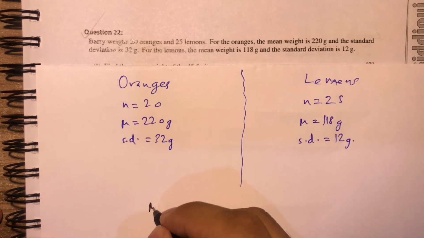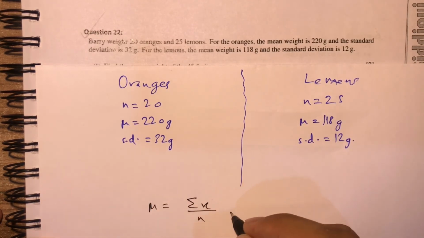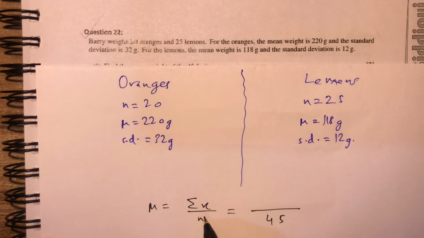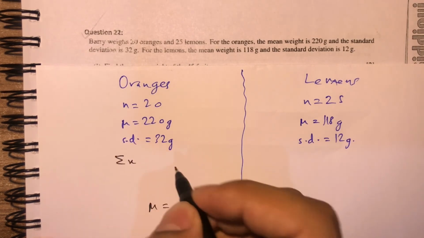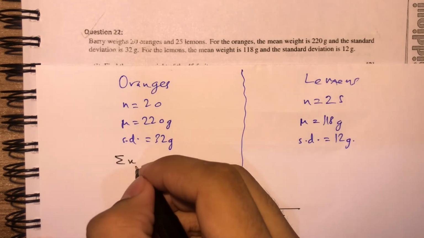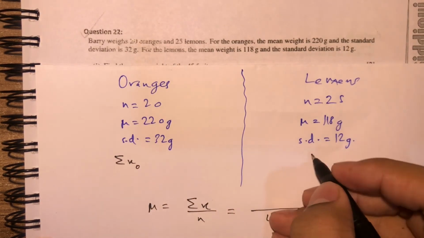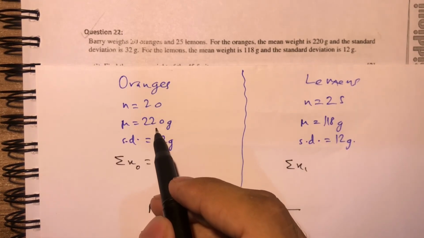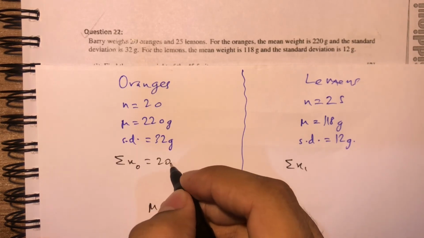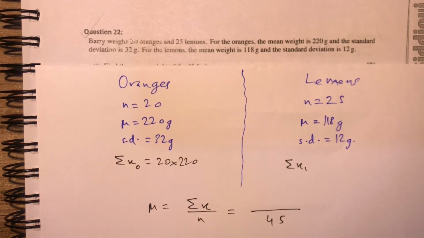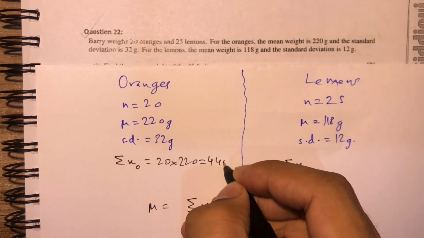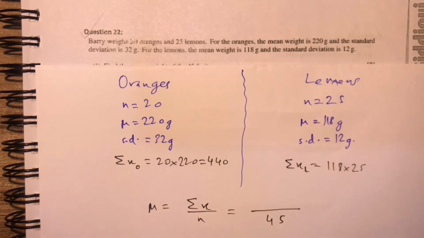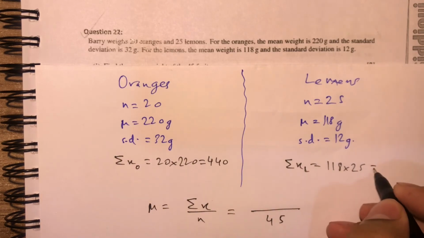So again, the formula for mean is sigma x upon n. n we know is 45 for the total. For sigma x, if we represent the oranges as xo, we'll have sigma xo plus sigma xl for lemons, right? To find sigma xo, we'll multiply n with mean, that will give us sigma x. So 20 times 220 equals 440. For sigma xl, it will be 118 times 25, that is 2950.